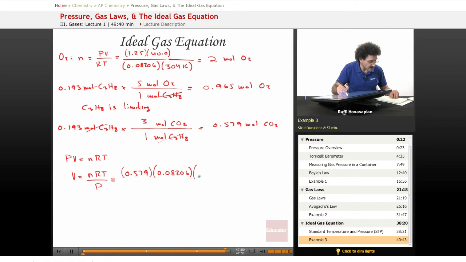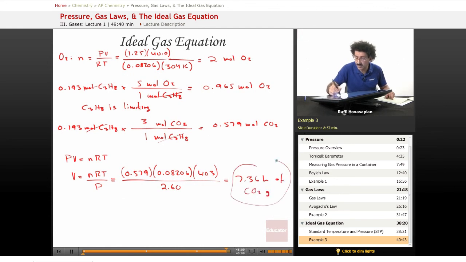My temperature now is 403 Kelvin. And my pressure is 2.60 atmospheres. I end up with 7.36 liters of CO2 gas. Now, mind you, what I've calculated here is the volume of CO2 gas produced, not the total volume of gas produced, because you know that water vapor is also produced, but I didn't ask about the water vapor.